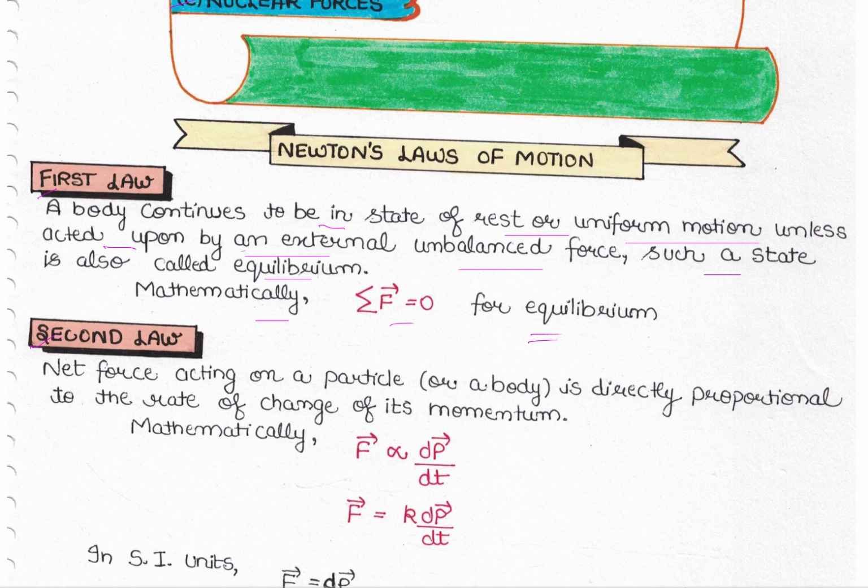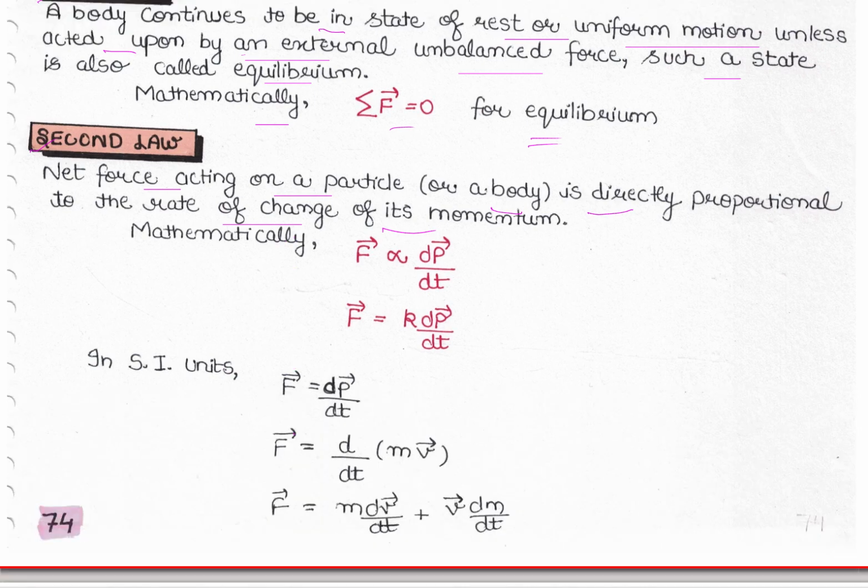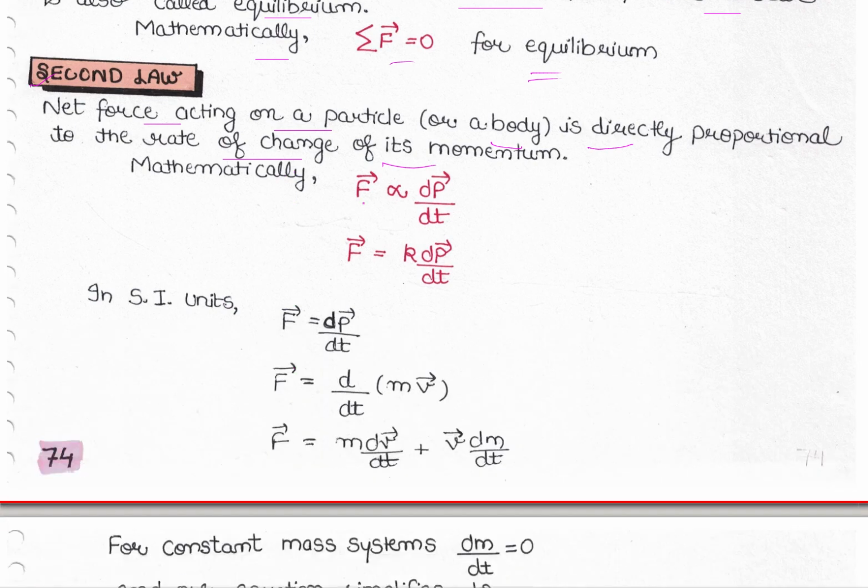Now the second law of motion, net force acting on a particle or a body is directly proportional to the rate of change of its momentum. Mathematically, we can write force capital F proportional to dp/dt, where p represents the momentum, or F is equal to k dp/dt, where k is a proportionality constant.